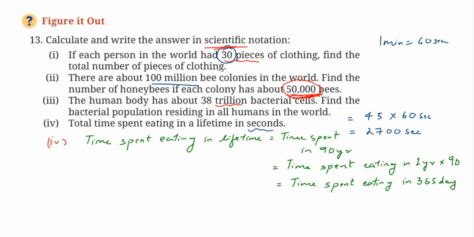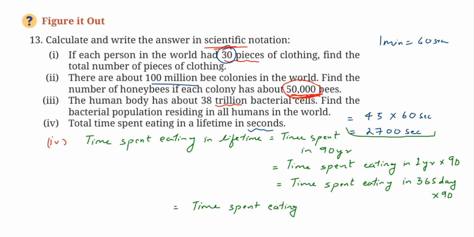Now I'm writing this in days because I know for 1 day, and using that I can find for 365 days. So time spent eating 1 day, we know for 1 day it is 2700 seconds. We found for 1 day, right? We'll use that to find for 365 days, and using that we can find for 90 years. That's why we are getting a lot of multiplication here.